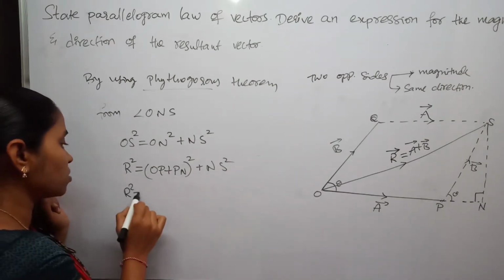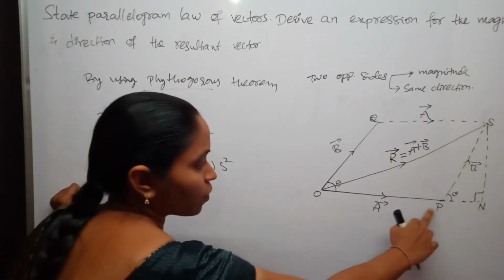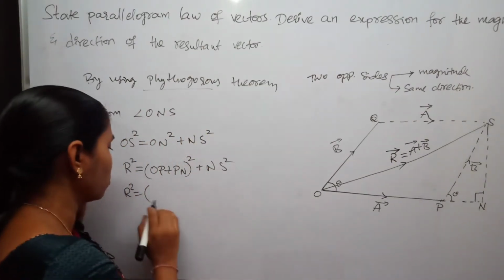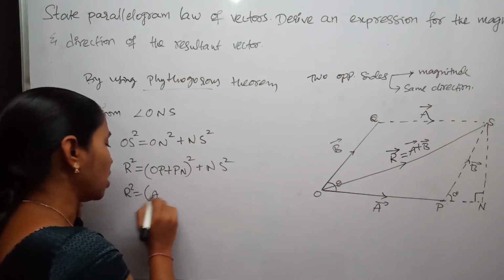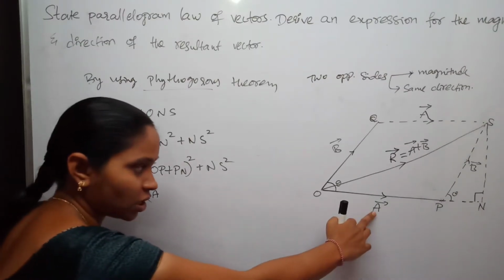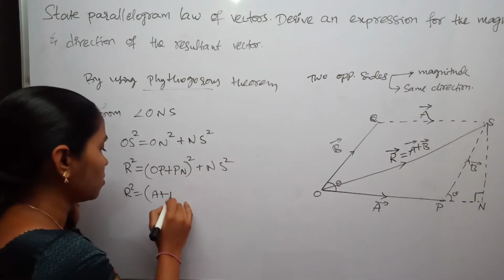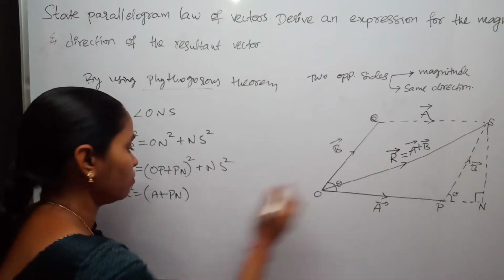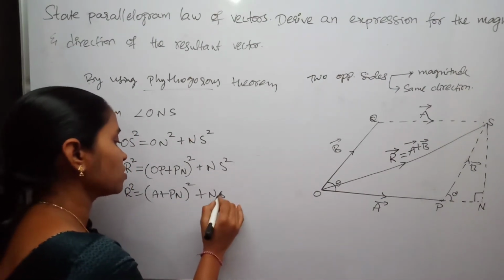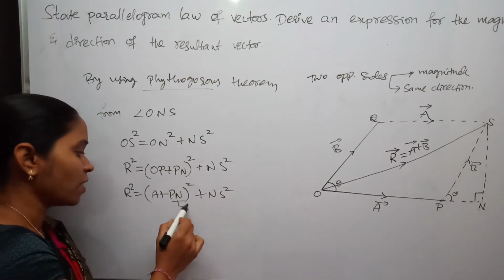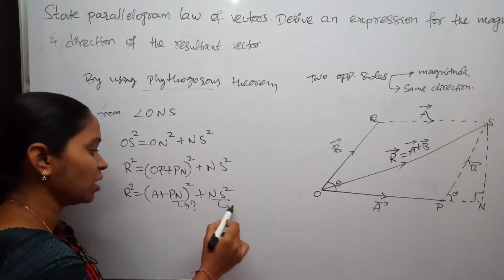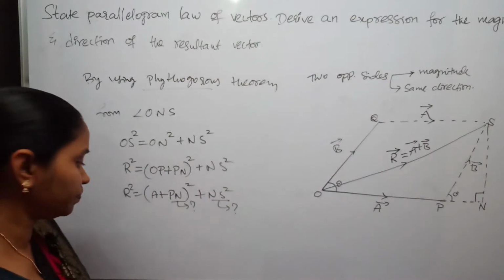This R square is equal to, what is OP? We have vector A bar, and the magnitude is A. Magnitude of this vector A bar is A, plus PN, we don't know, PN whole square plus NS square. We have to find out the values of PN and NS.